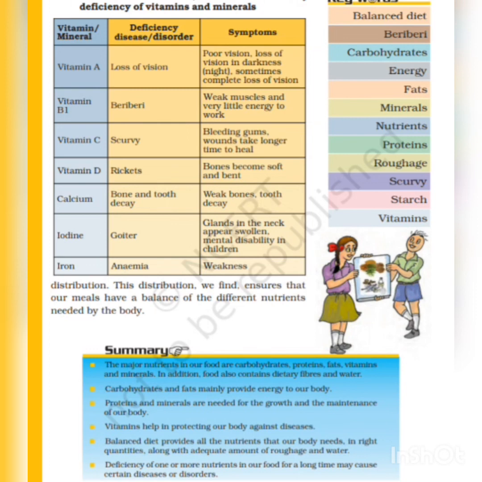What tests have we done? Three tests, so that we could check which food contains which nutrient. What is another name of carbohydrate? It's starch, energy giving food. Protein is body building food. How do they help us in our body?